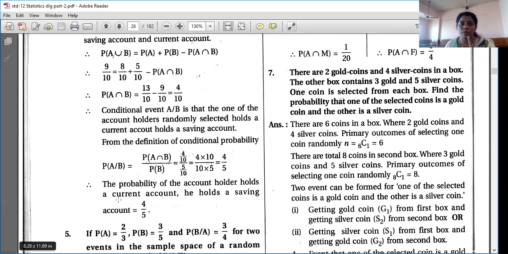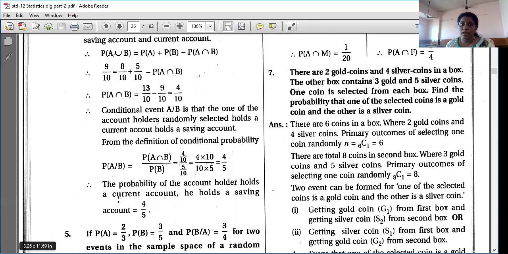So in the question, conditional probability was asked, and you know how to find it. Whenever A intersection B is not given, and instead A union B is given, you have to follow the law of addition.